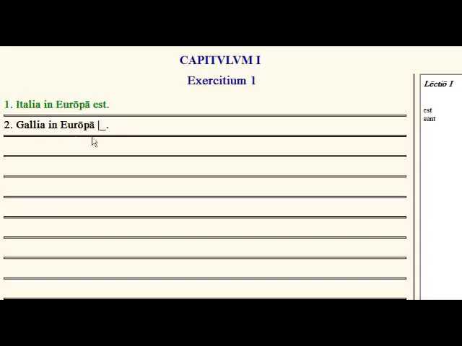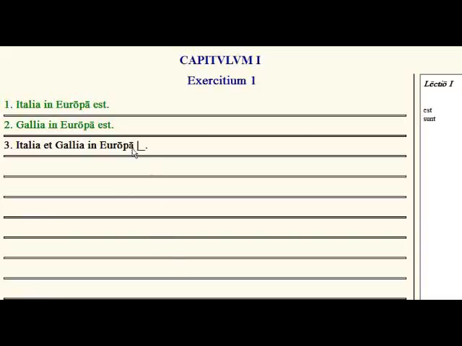Now Gallia in Europa, you try this one. Est is correct. Italia et Gallia in Europa. Let's say that we thought that that was est. We would get a bonk sound and an exclamation point telling us that we got it wrong.